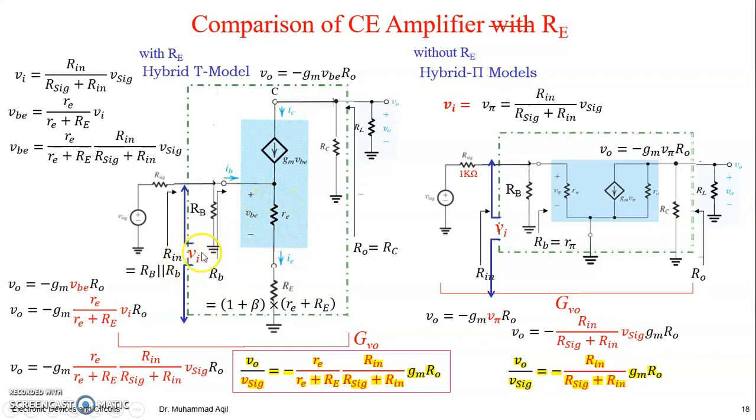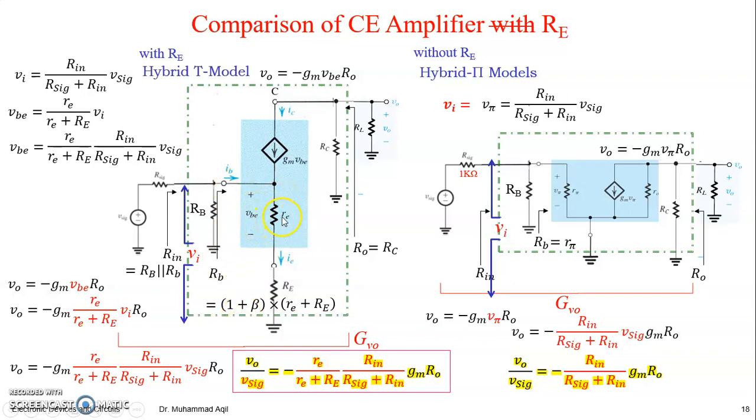It means Vi will be divided into two parts, one here and one here. Part of Vi is called Vbe, and part of Vi is called VRe, capital R. So Vbe is a part of this, and it can be found by using the voltage divider rule.